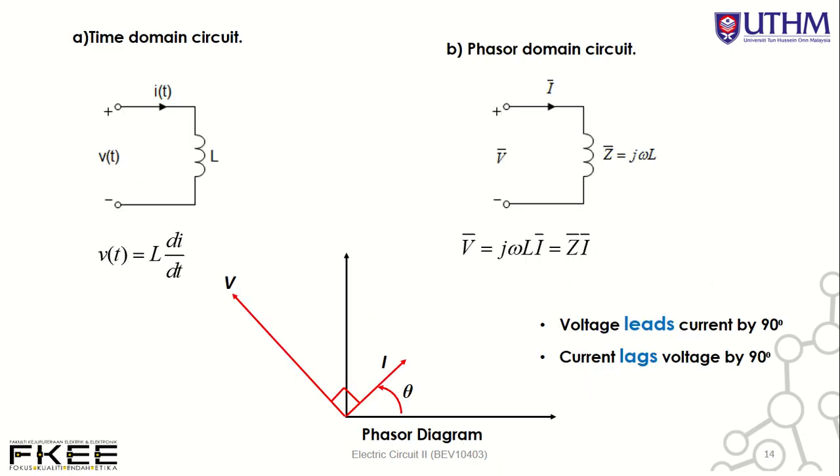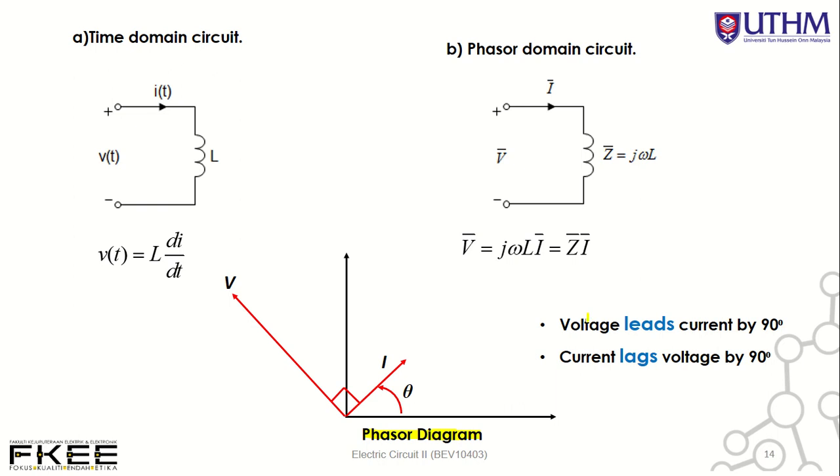So what we can conclude for the L circuit, let's say we have L in the time domain. Before we analyze the circuit we need to convert to the phasor domain. You need to determine the V, capital V, and the Z, Z equal to j omega L. By Ohm's law, V equal to Z times I. Then you have to know how to draw the phasor diagram for V and I, V across L and I through it.